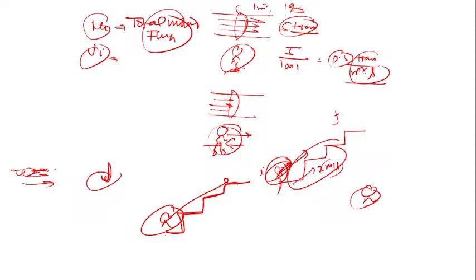Is this clear? But when the observer is stationary, he is going to track the combined feature of movement, the combined feature of transport. One is bulk transport, another is your individual transport. Clear? It is very clear.